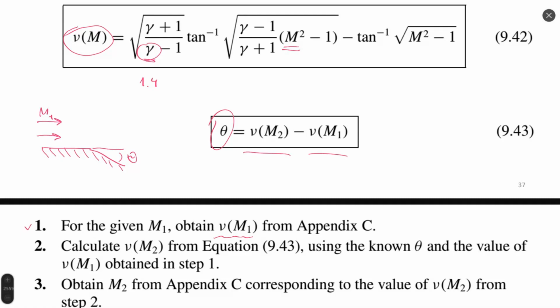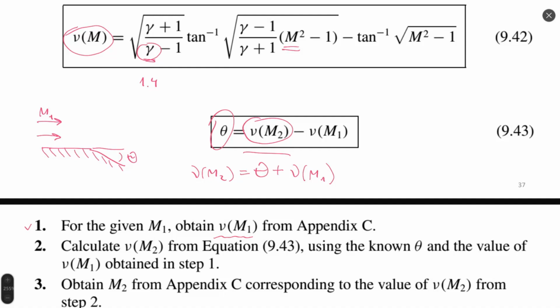Second step, we can calculate the Prandtl-Meyer function at point 2, nu of M2. Just simply, if I rewrite this equation, I can find that nu of M2 would be equal to the body inclination angle plus the Prandtl-Meyer function nu of M1. I think it's correct, yeah.